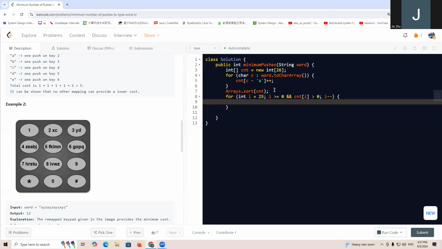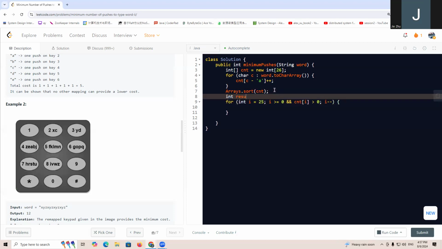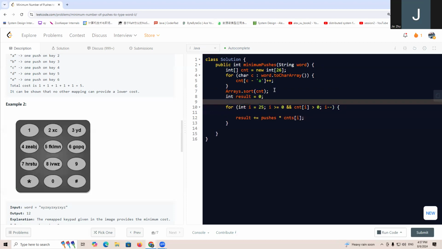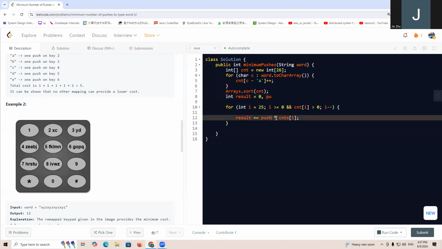We need a result, int result equals 0. The result should plus equal the number of pushes multiplied by the count. At the beginning we set push equal to 1.